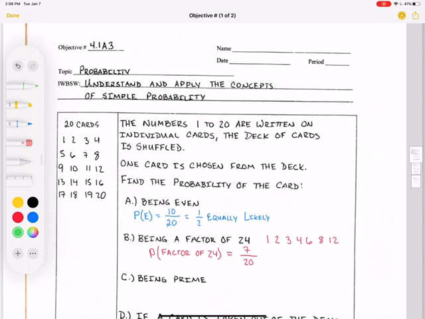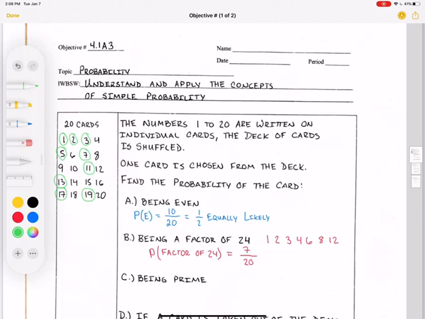Prime numbers here would be 2, 3, 4 is not prime, 5 is, 7's prime, 11 is prime, 13 is prime, and 17 and 19 are prime.